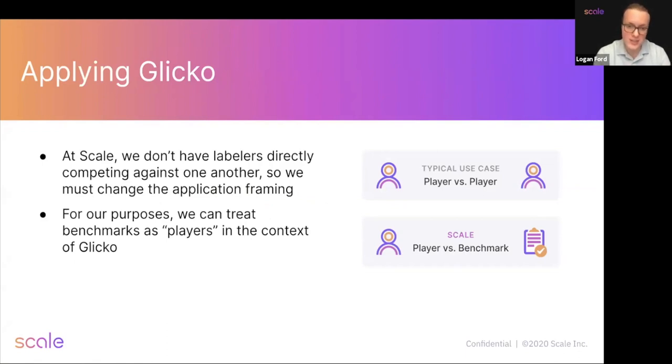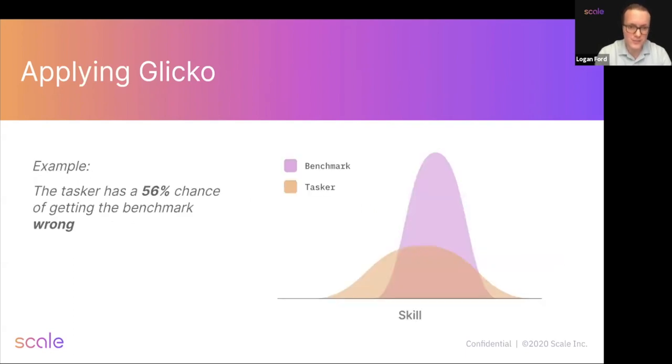But we can apply the game rating system of Glicko in the same way, except we swap out one side of the equation with benchmarks. And so benchmarks act as players in the context of Glicko.